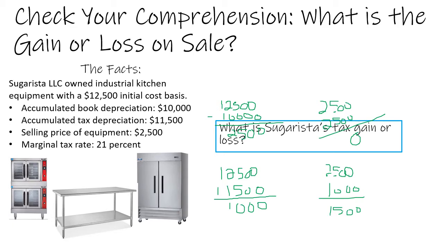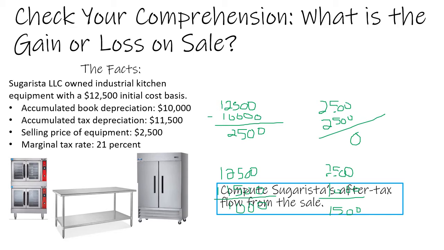And she would pay 21% tax on the gain on that sale. Which means that Sugarista's after-tax cash flow would be $315, meaning that she would owe $315 to the IRS for the profit that she made upon the sale of the equipment.